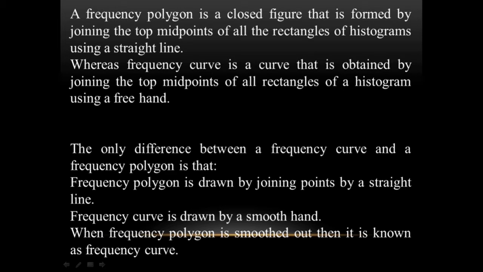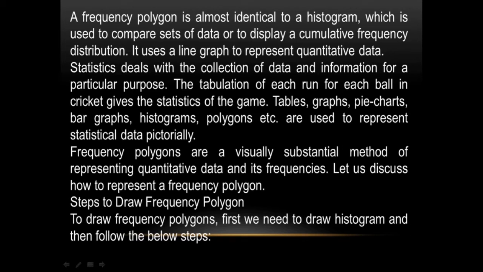The only difference between the frequency curve and a frequency polygon is that a frequency polygon is drawn by joining points by straight lines. A frequency curve is drawn by a smooth hand. When a frequency polygon is smoothed out, it is known as a frequency curve.